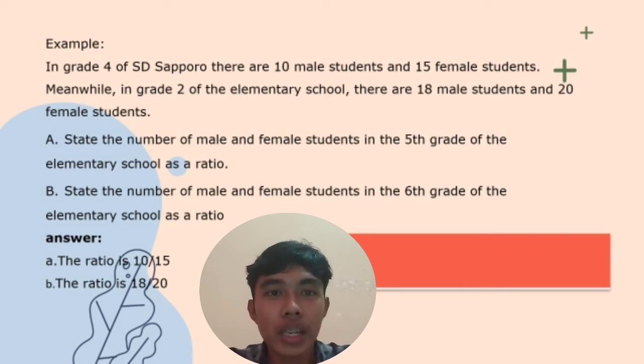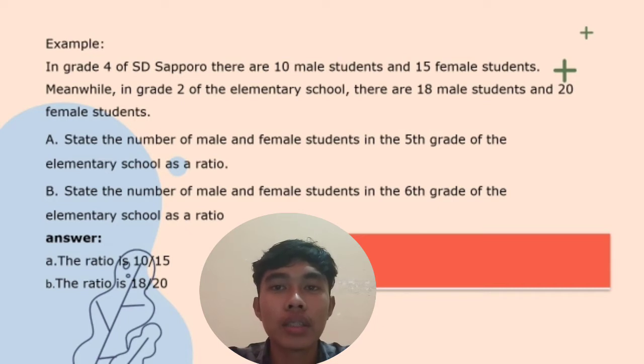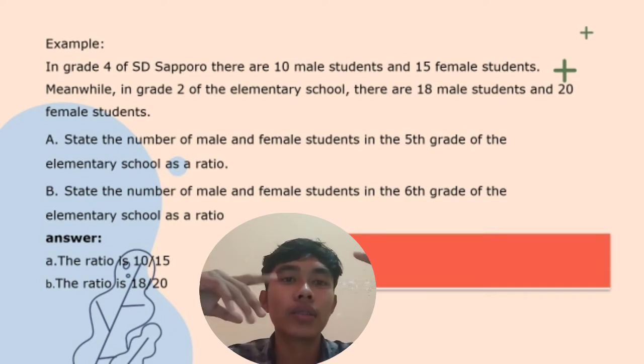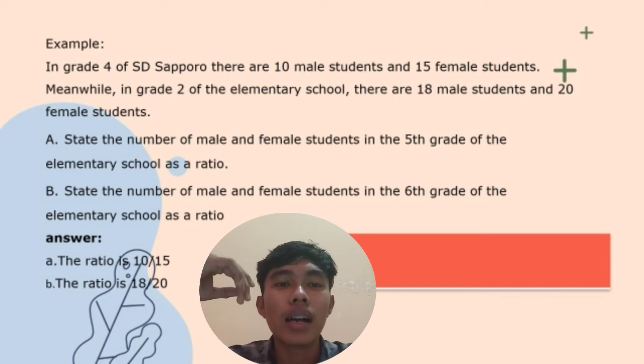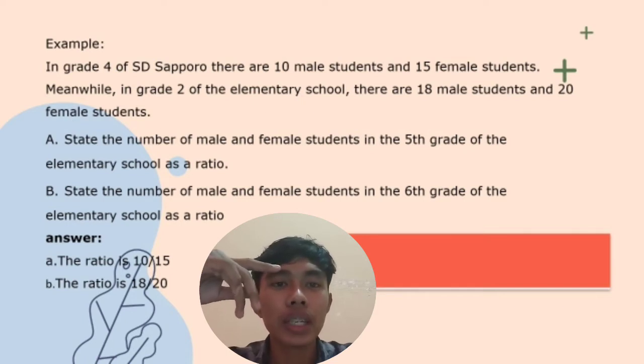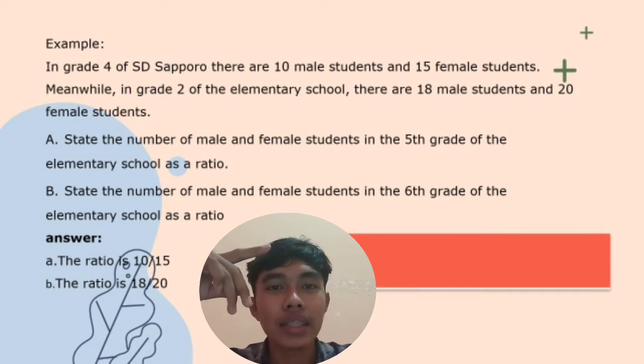B. State the number of male and female students in the 6th grade of the elementary school as a ratio. Answer. A. The ratio is 10 out of 15. B. The ratio is 18 out of 20.